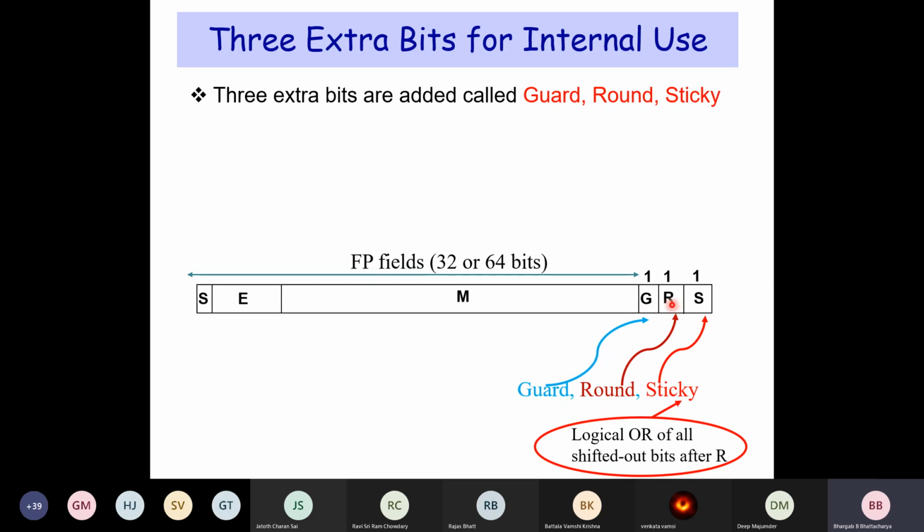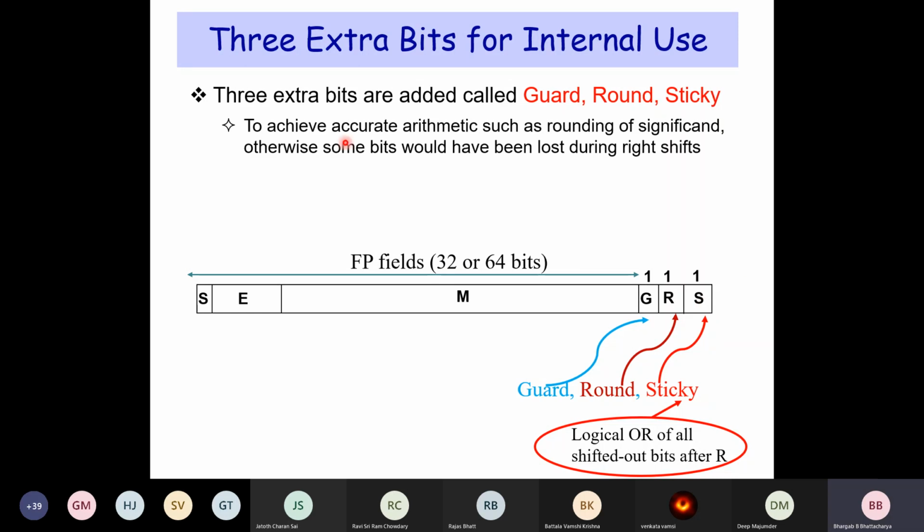And finally, some bits are stored here, and the sticky bit is the logical OR of all bits which are shifted out beyond the round bit. That means it takes care of whether there is a 1 there. They might have an impact finally when you are going to do rounding. So these extra bits are managed by hardware. You don't see them. They are called guard, round, and sticky in that sequence.